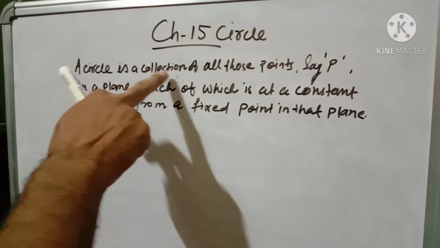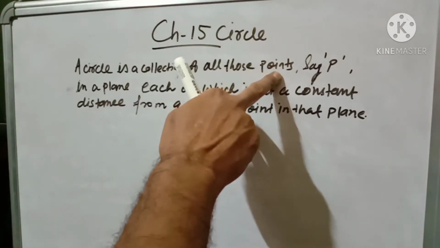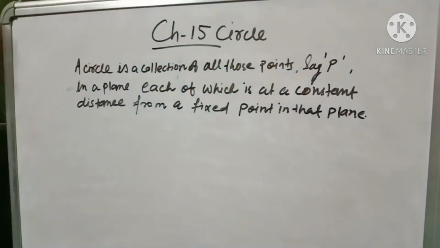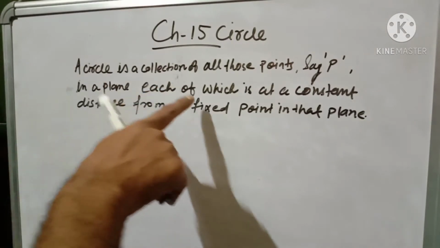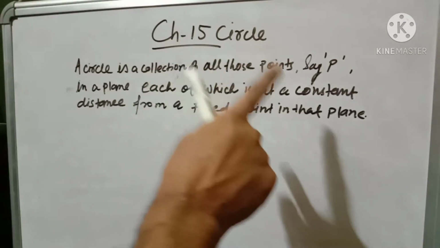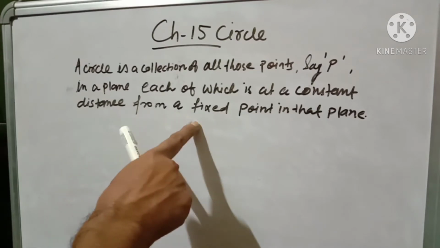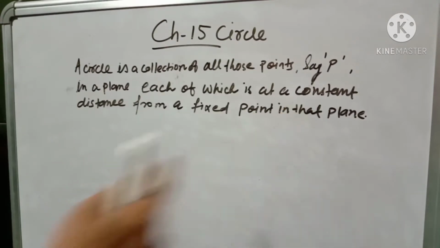A circle is a collection of all those points, say points A, B, P, in a plane, each of which is at a constant distance from a fixed point in that plane.